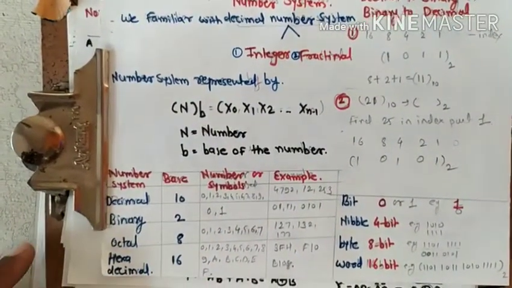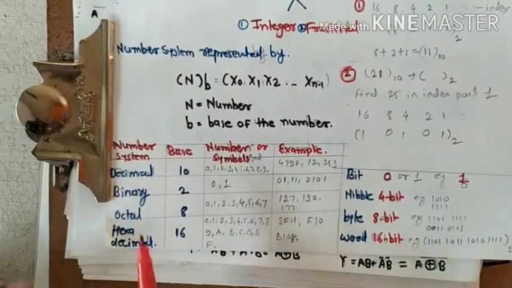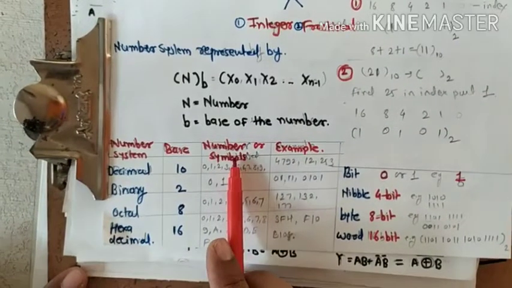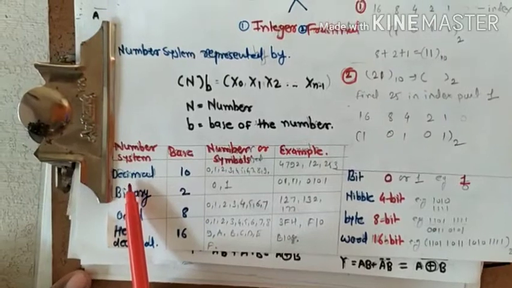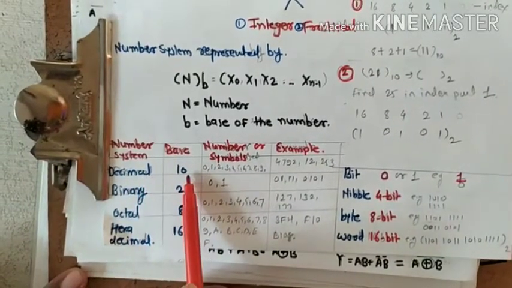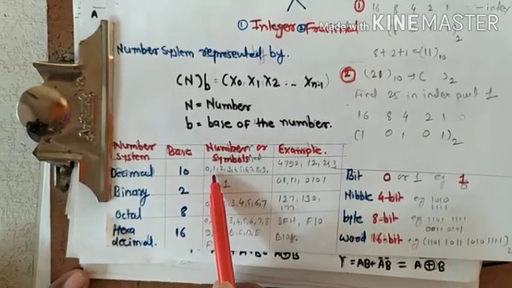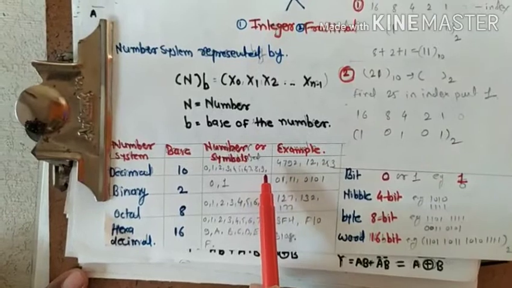See, we have given this tabular form information. There is a number system, there is a base, there are the numbers or symbols used in that number system, and this is the example. For example, the decimal number system has the base 10, and it uses numbers 0, 1, 2, 3, 4, 5, 6, 7, 8 and the last one is 9.